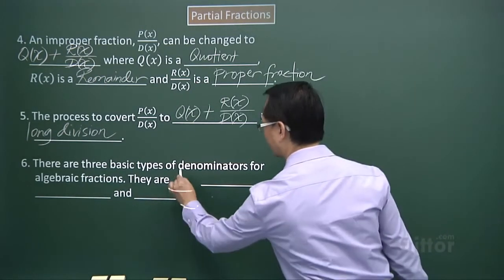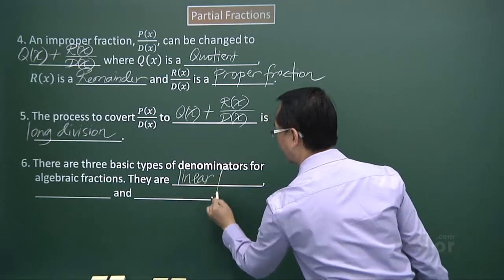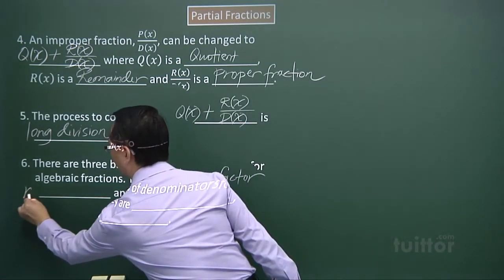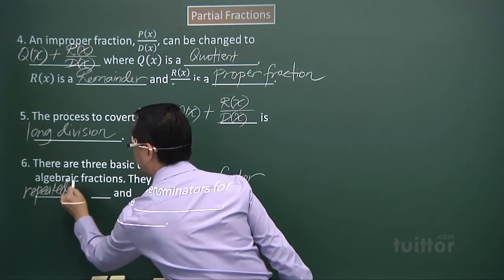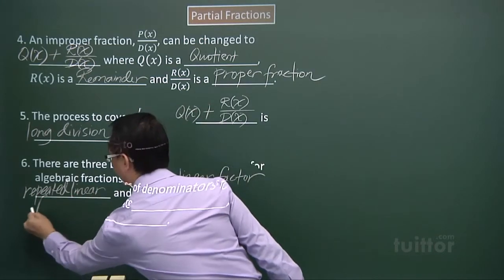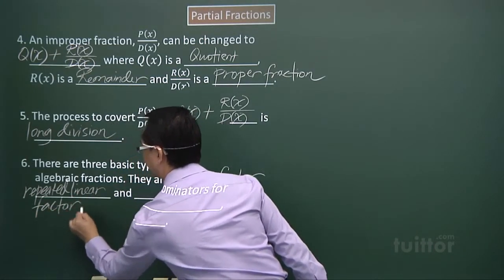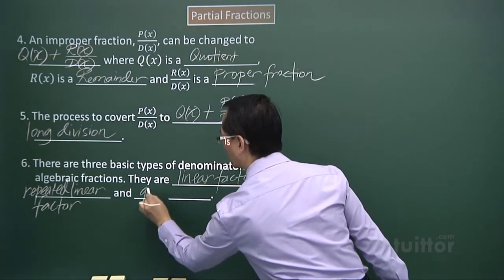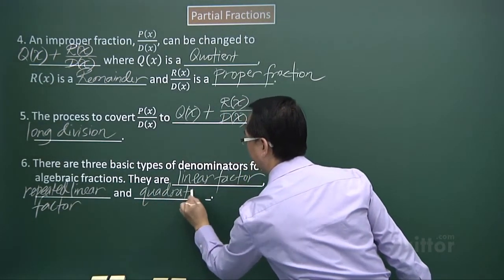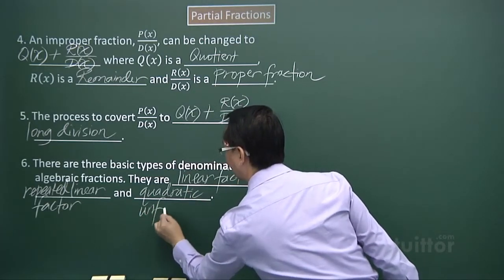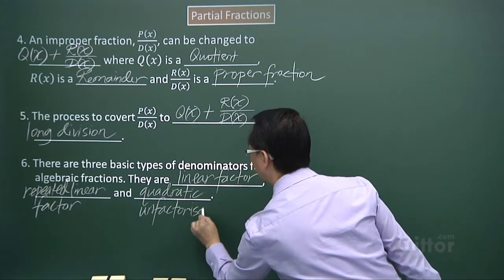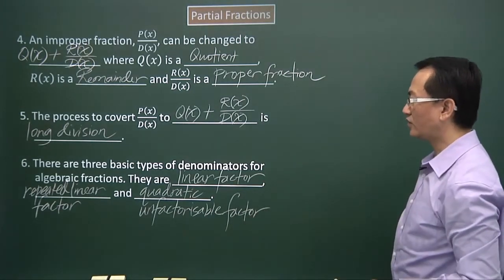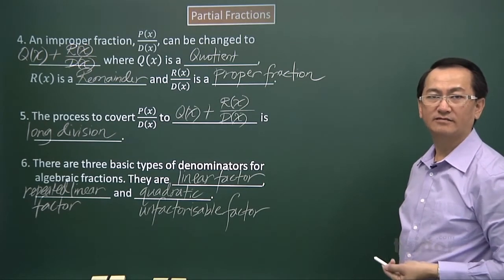They are what we call the linear factor, also the repeated linear factor, and lastly the quadratic unfactorizable factor, or quadratic factor that cannot be factorized.